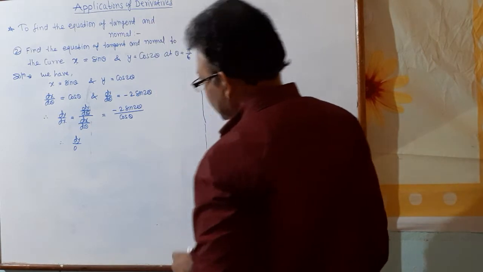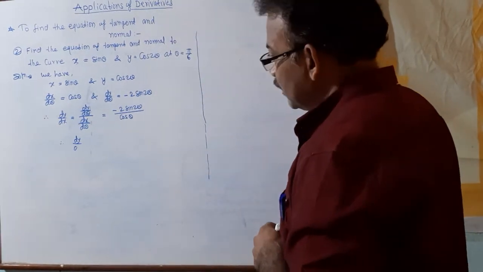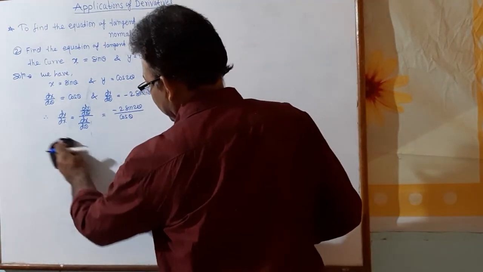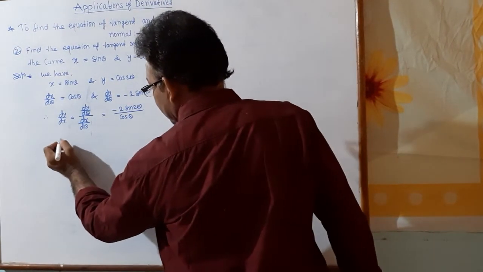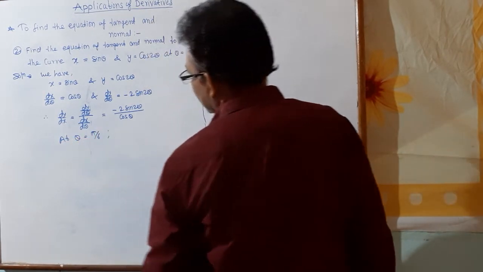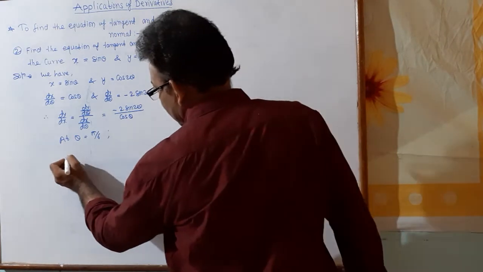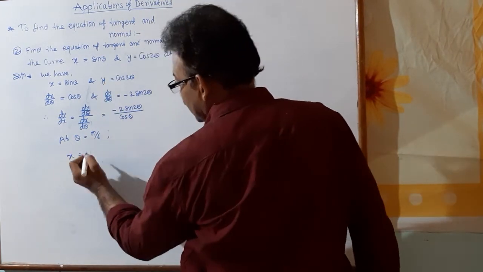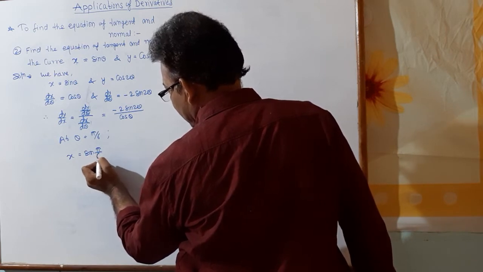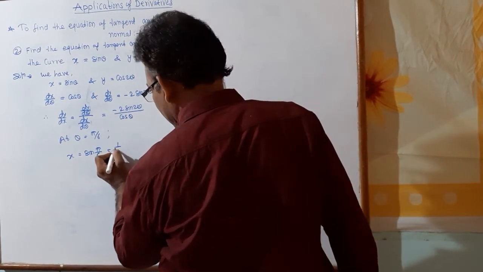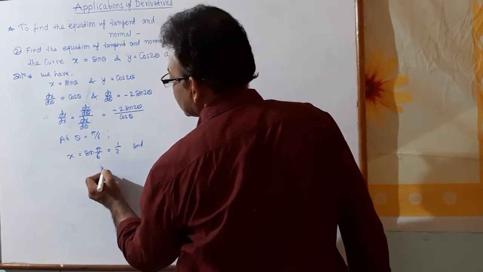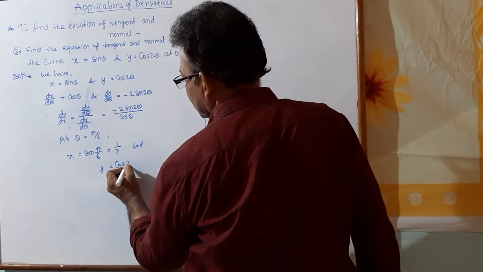note that here the angle theta equal to pi by 6 is given. So first we find the point. So at theta equal to pi by 6, we can find the x coordinate and y coordinate. So x is given by sin theta, and theta means pi by 6. So the value of sin 30 is 1 by 2, and y is cos 2 theta.